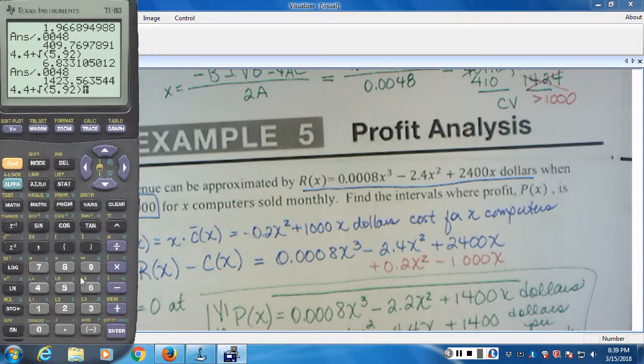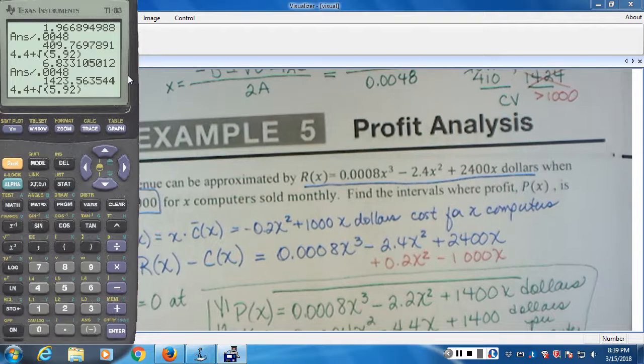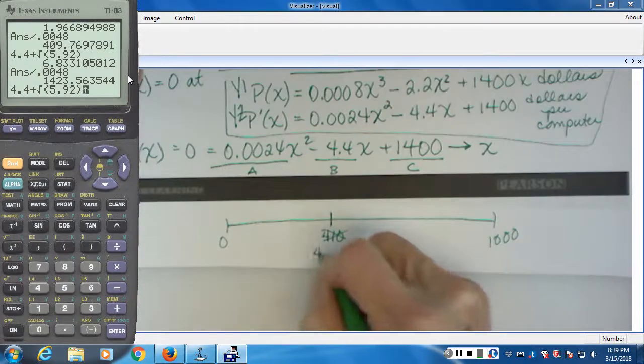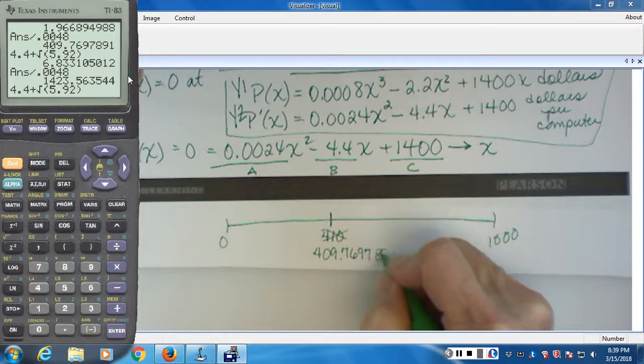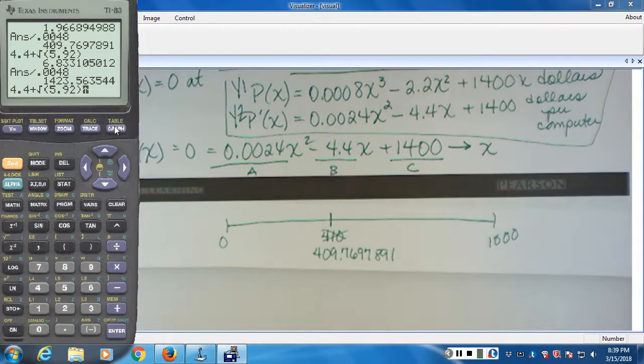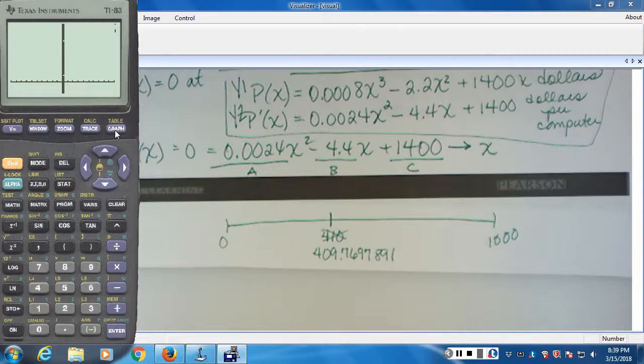Let's see, it was the negative one. Okay, no, I still have it there. 409.7. Let me write it down here. $697,891. So I'll plug that into the table instead of the 410, after it gets done trying to graph all that.